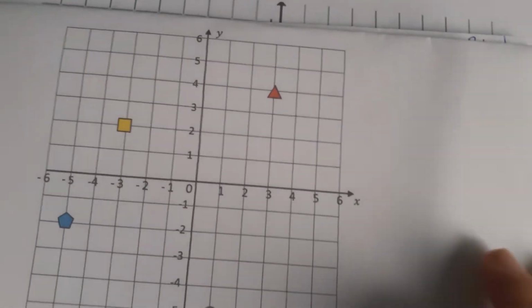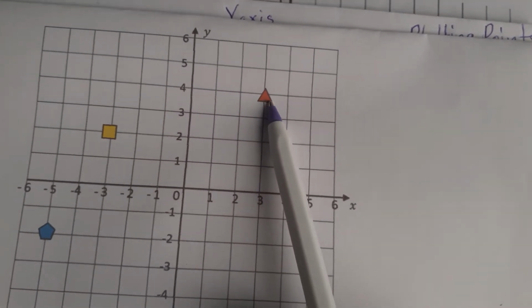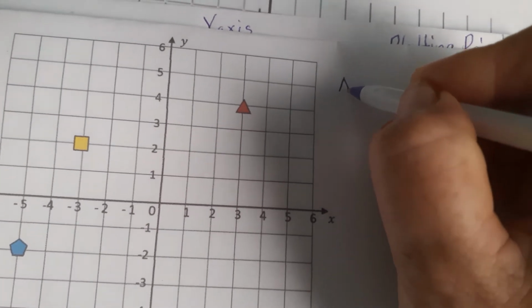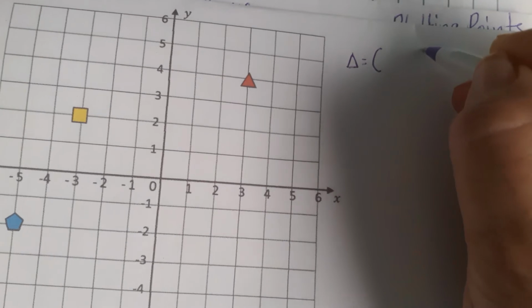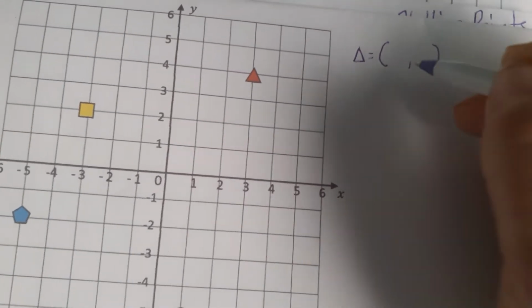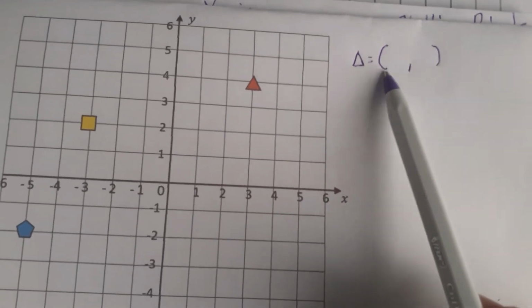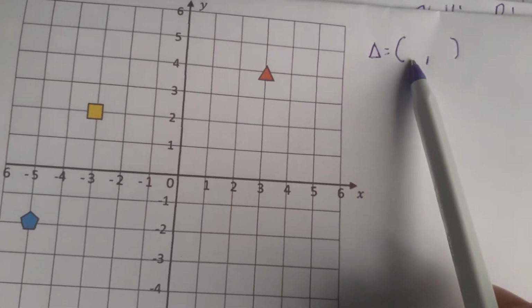What will be the pair of coordinates that form this triangle? Let's look at the triangle. It is going to be, and we put the numbers in brackets separated by a comma. Okay? Now, the first number has to be on the x-axis.